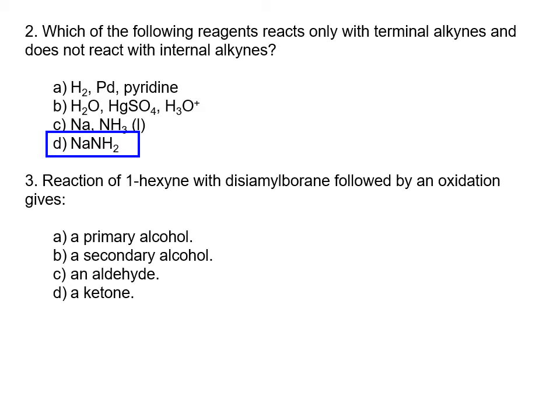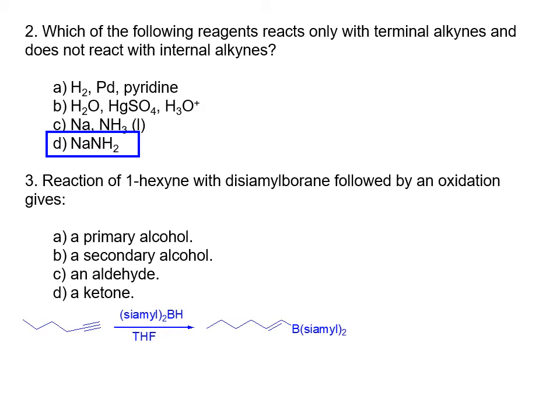So to answer an open question, the best way is to answer it without looking at the 4 possible choices. Simply take pen and paper and write down the equation. So 1-hexyne reacts with dicyclohexylborane, for example in THF as a solvent, to give corresponding vinylic borane or vinyl borane.